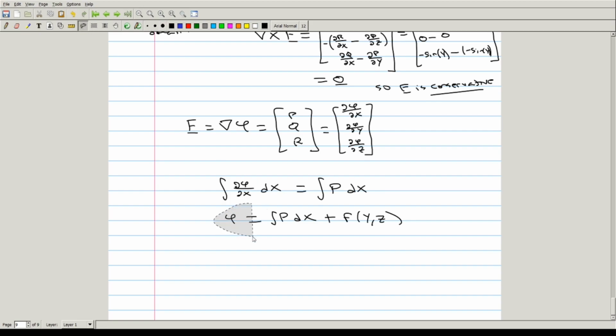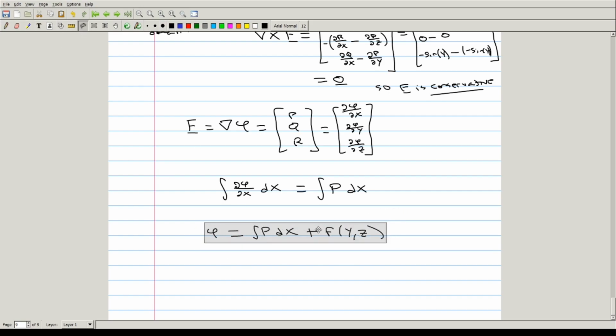But if we go through and check this, we'll see that this works out really nicely. Because if you take the partial derivatives of both sides of this expression, this is just kind of a check. I'll do it over on the right to show that this is making sense.